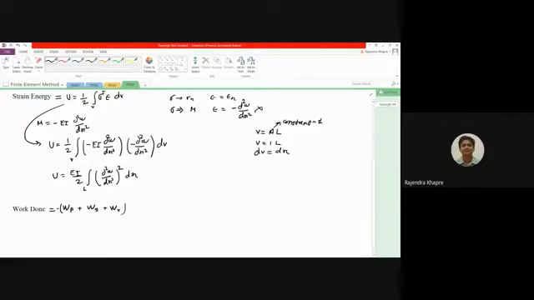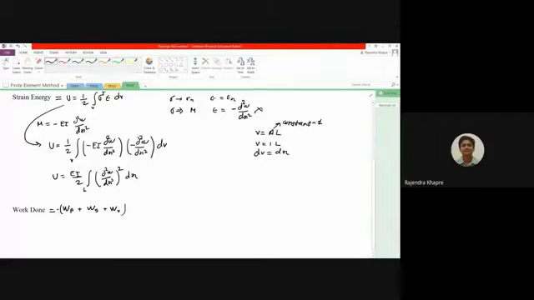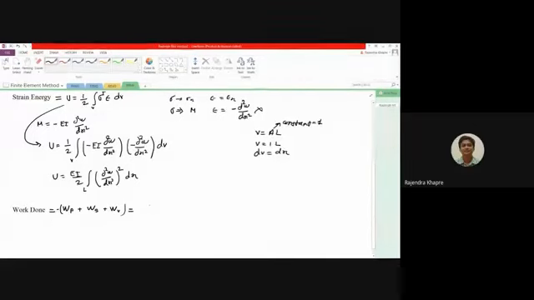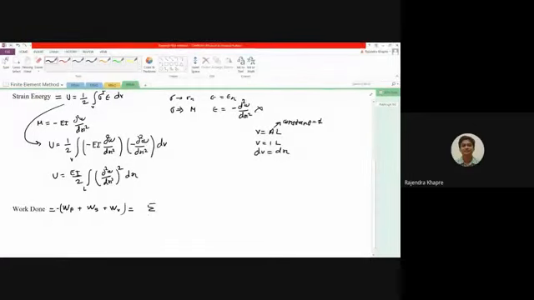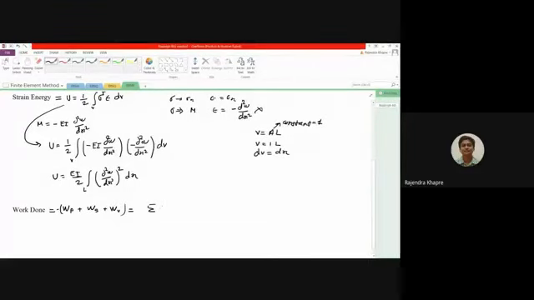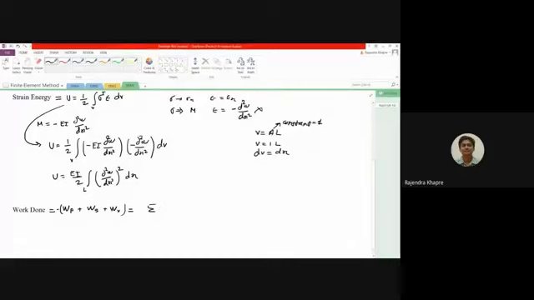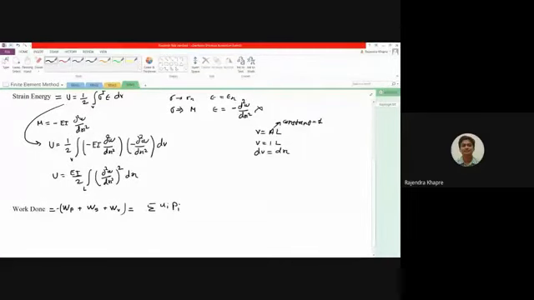If you remember, we have written the expression for work done in case of a bar subjected to point load. We have written something like UI into PI, where I can be any number of points, 1 up to n.